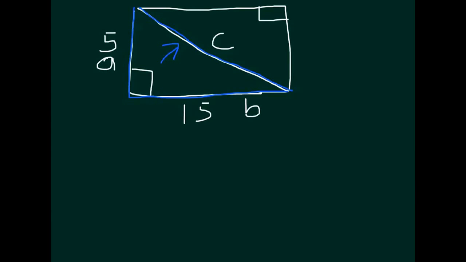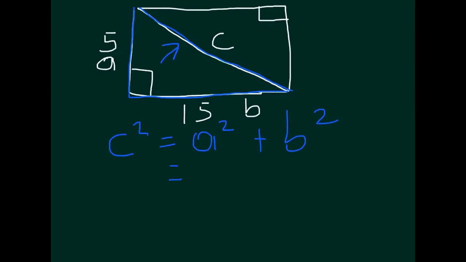Good. So, that being said, if we wanted to find the diagonal of our rectangle, then we could apply the Pythagorean theorem again, which states c squared is equal to a squared plus b squared.